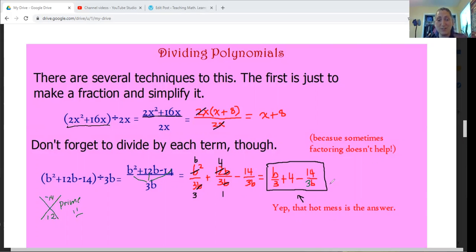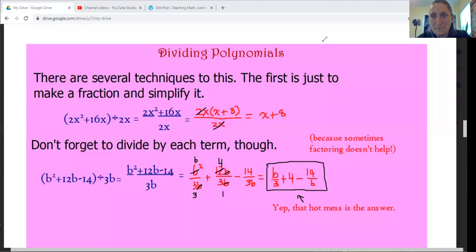This is as close as you can get. This hot mess here is your answer. Just because it looks like a hot mess doesn't mean you're wrong.